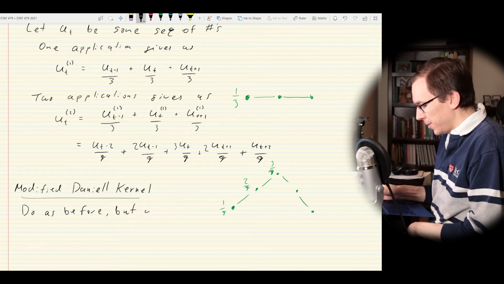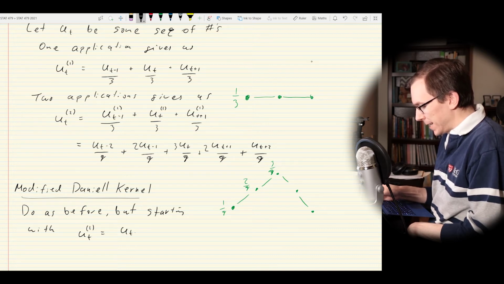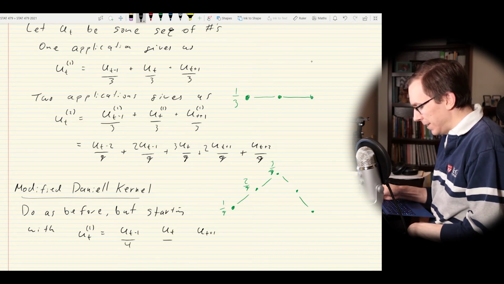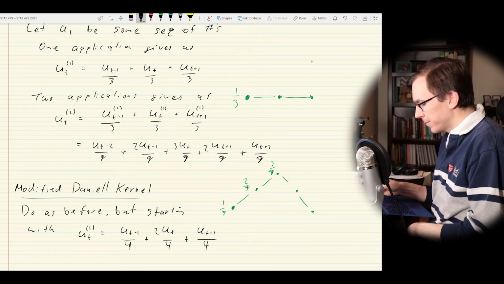but starting with ut minus 1, ut, ut plus 1, and now we're going to divide by 4, and give the middle one a weight of 2.